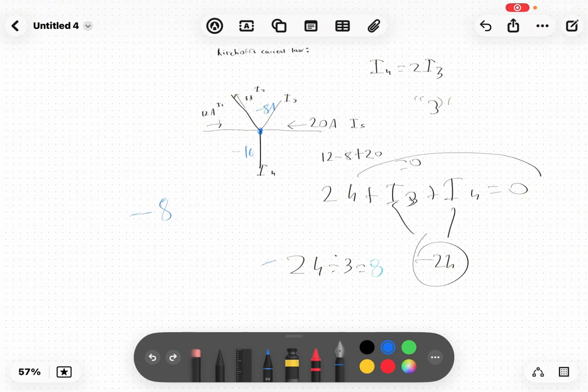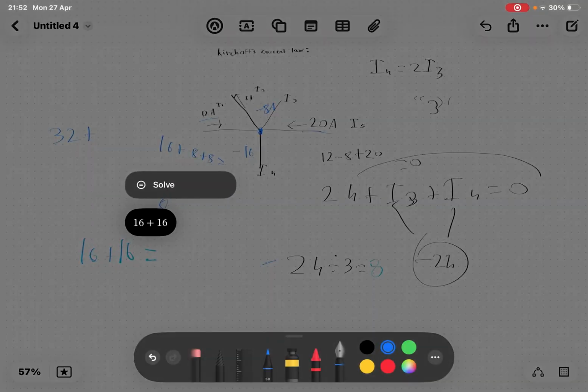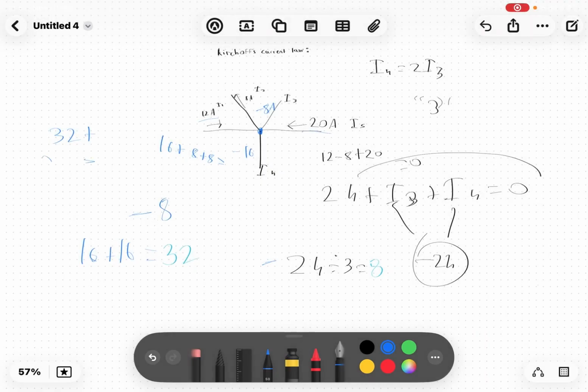This is going in, so 32 is going in. And how much is going out? 16 plus 8 plus 8, 16 plus 16, so 32 is going out. This is basically a minus, so it needs to be 0. So this is all right.